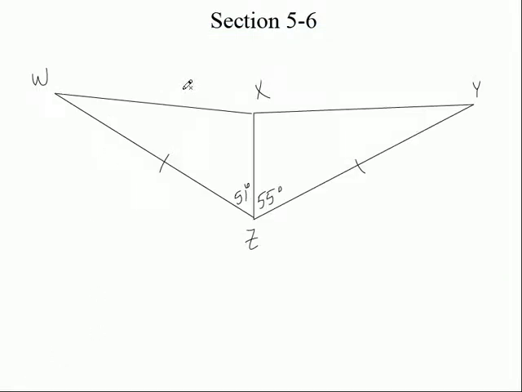Okay, here's an example. This is what they give you, and they say compare WX to XY. All right? So when it says compare the two together, what does that mean you're going to do? You're going to say that WX is either greater than or less than XY. You with me on that?